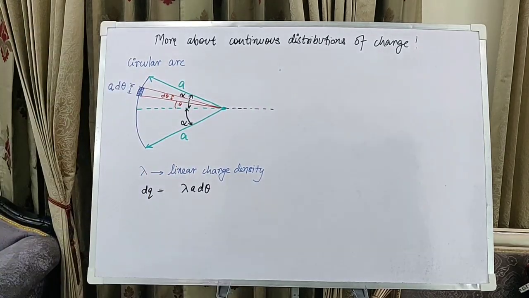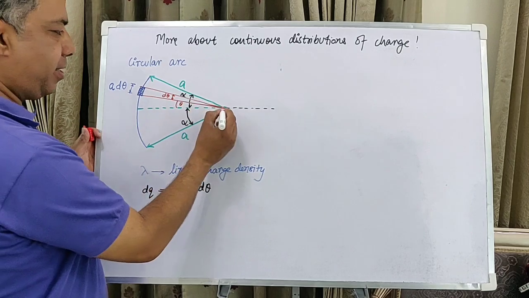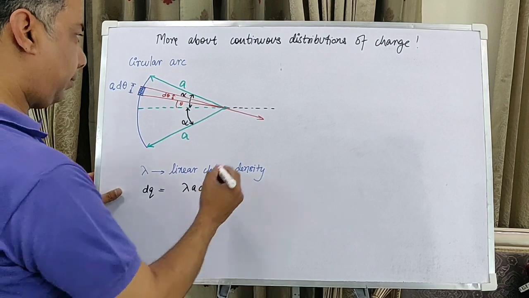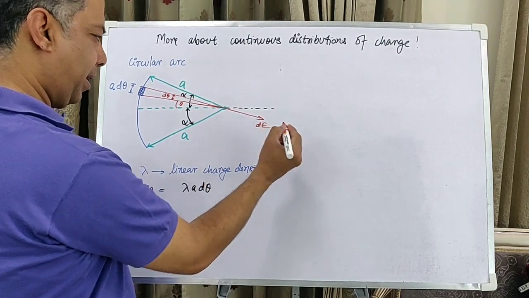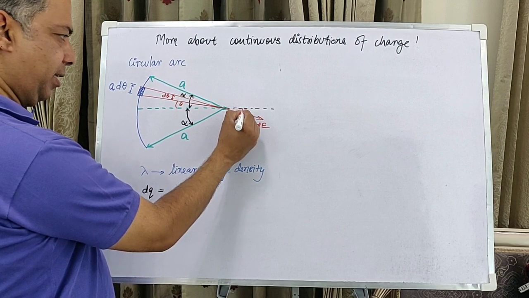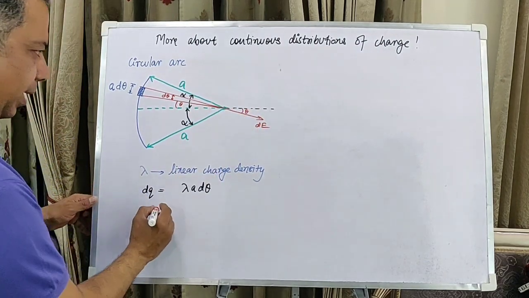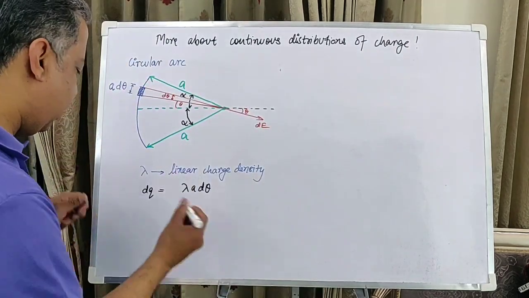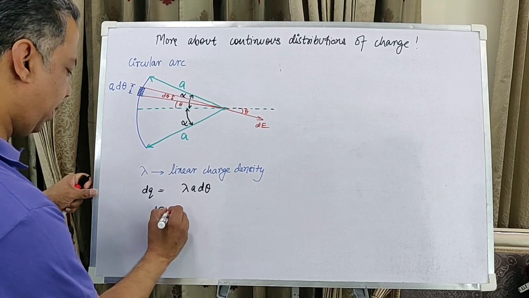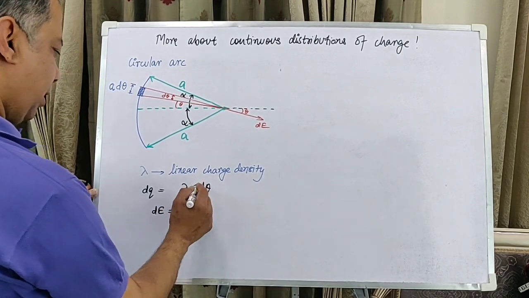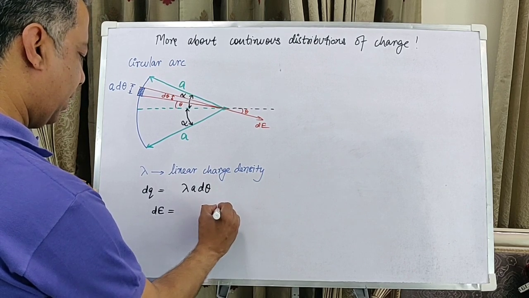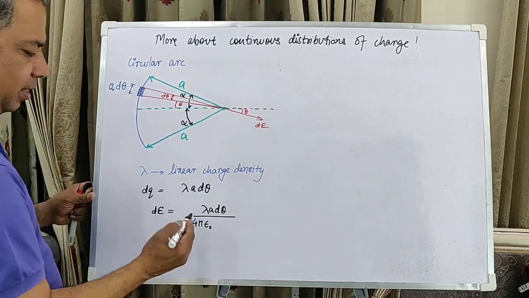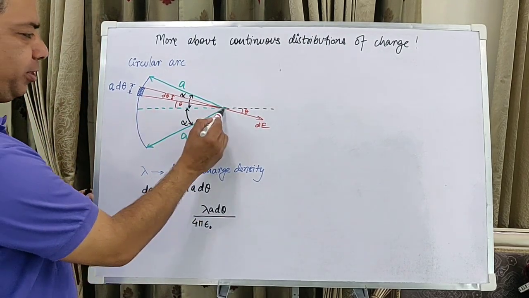Now the field due to this element at this point will be radially away from the element and will have a magnitude dE. This angle here is theta, so this is theta as well. And now dE will be dQ, that's lambda a d theta by 4 pi epsilon naught, divided now by the square of this distance of the element.